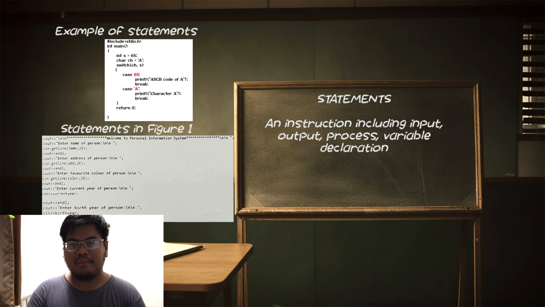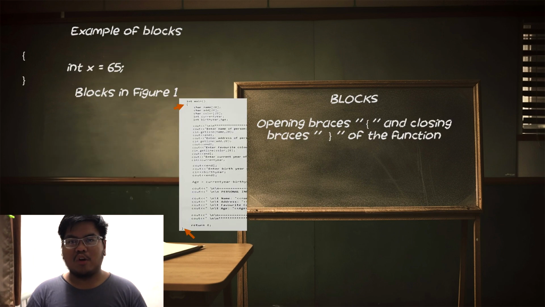Now let's move on to statement. A statement is an instruction including input, output, process, and variable declaration. An example of a statement is here in the image. Statements from figure 1 start from the top to the bottom. Last but not least, block. A block is an opening brace, open curly bracket, and a closing brace, close curly bracket, of the function.